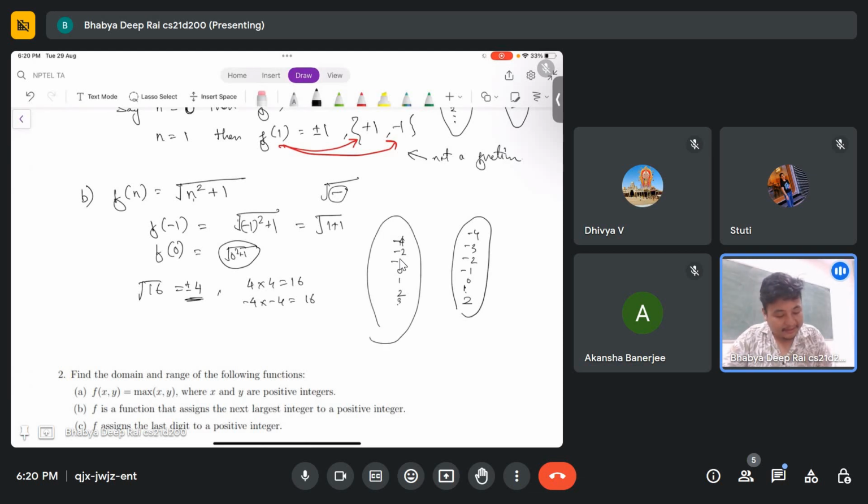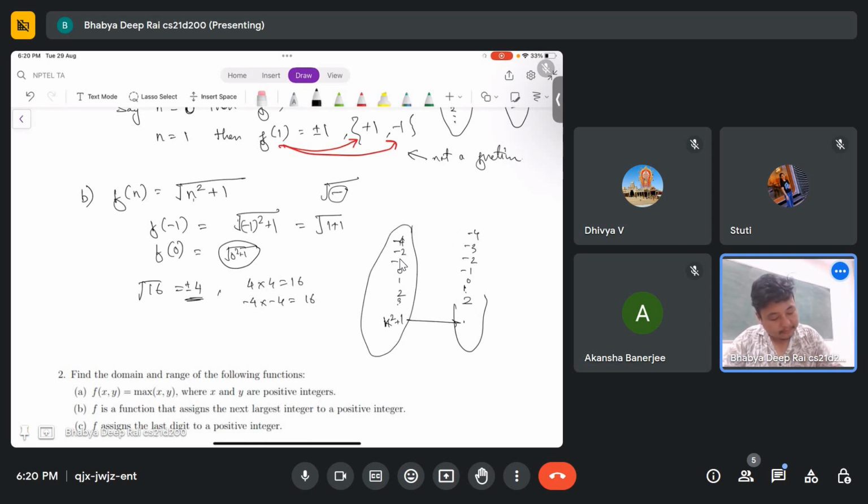But anyway, a number which is of the form k square plus 1 will map to two numbers. It'll map to plus root k square plus 1 and minus root k square plus 1.